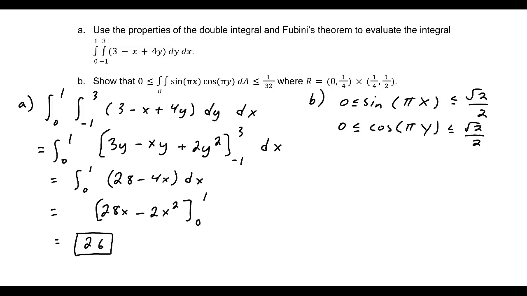Which means the product of these two, which is actually the integrand, is between, I'll just read off my inequality, 0 is less than or equal to sine(πx) multiplied by cosine(πy) is less than or equal to 1/2.